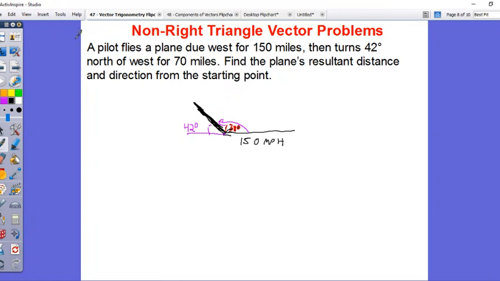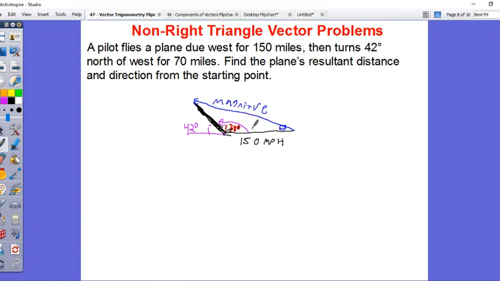We need to find the plane's resultant distance and direction from its starting point. So we need to find this. This is the resultant vector. We need to find this angle and this distance right here. So we need to find this direction and this magnitude.